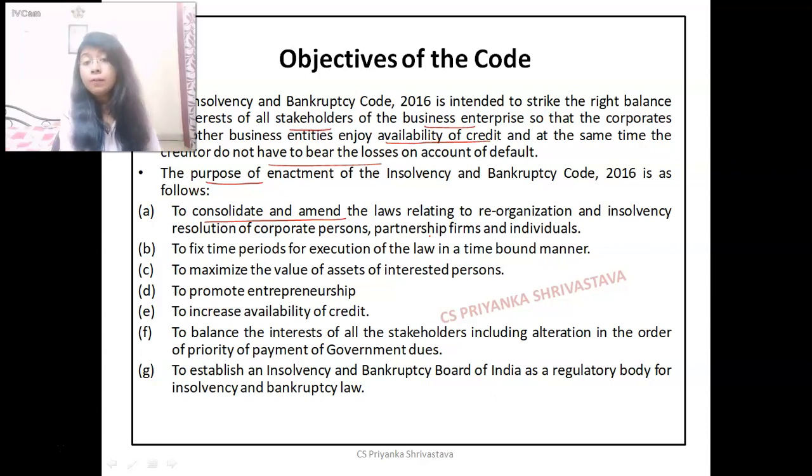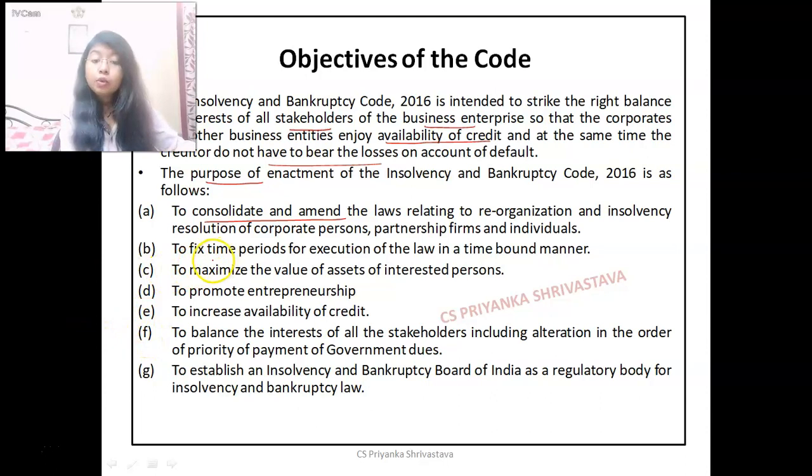Earlier there were different laws made for this particular thing in different acts. Now the amendment has been made in such a manner that every person has to come under this code if they want to recover their debt and for the insolvency that has happened.